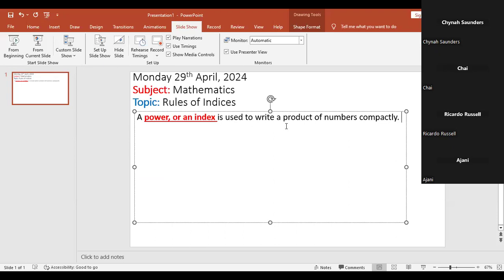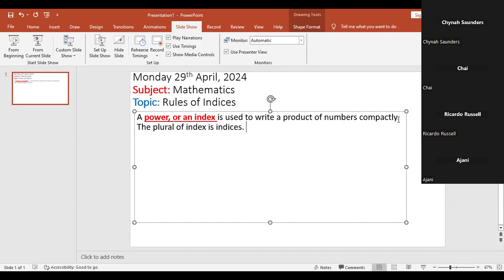An index or power is used to write the product of numbers compactly. The plural of index is indices.